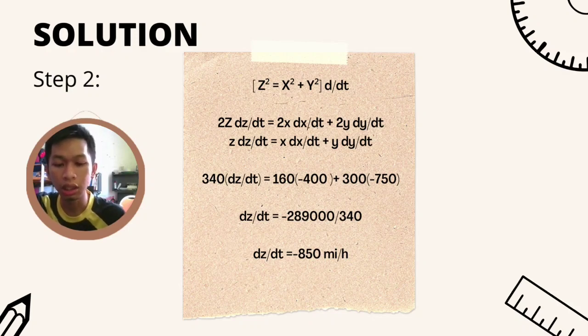We can also insert the numbers into the equation. And we get dz over dt equals negative 289,000 divided by 340. And we get the answer dz over dt equals negative 850 miles per hour.